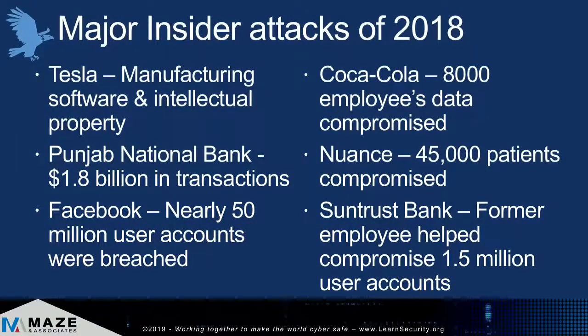There have been lots of insider attacks. This is just a list from 2018, to give you an idea of some of the things that are happening. There are some crazy stories out there, too. There was a story, I think, of a guy in the north central area of the United States.